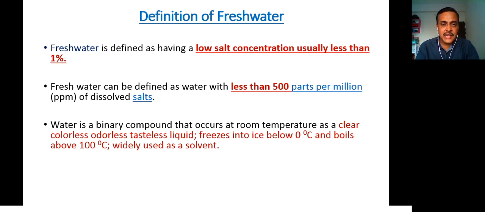In our upcoming lectures, we are going to study the physical, chemical, and biological properties of water in detail. In this context of freshwater, we are only going to highlight these properties.